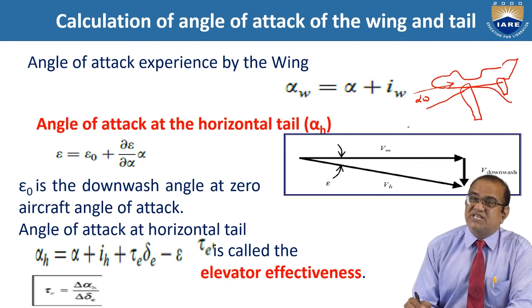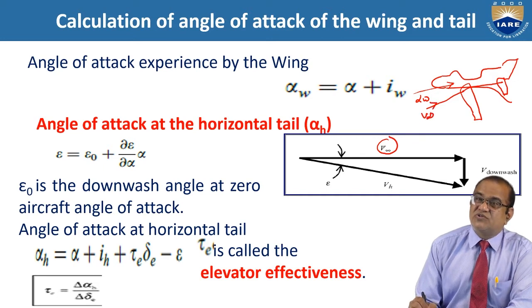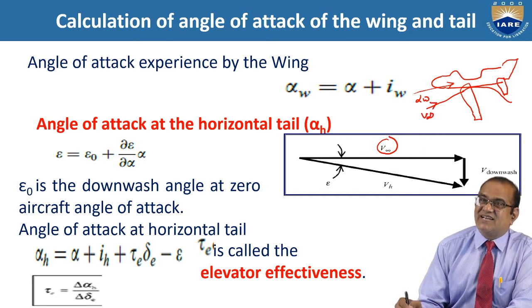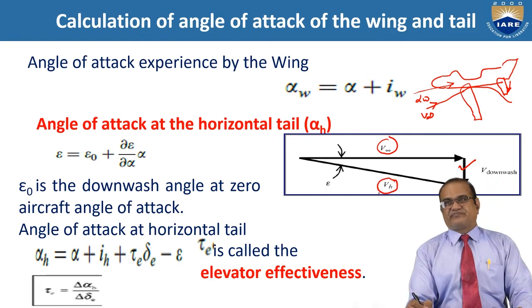This is V infinity, going in this direction, but there is a downwash. So actually your horizontal tail will experience VH velocity.